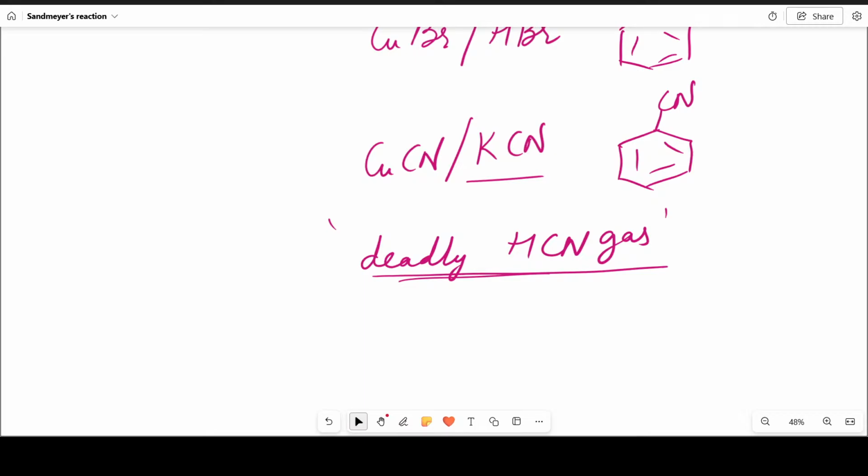Secondly, to maintain the pH of the entire reaction. For that purpose, we use KCN as one of the reagents instead of HCN.